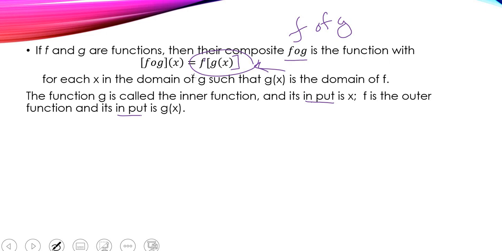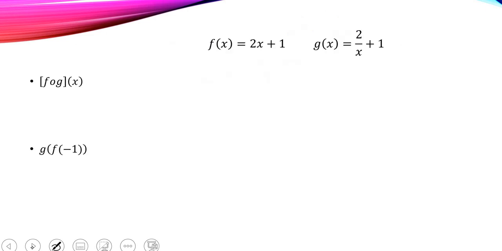Okay, so let's look at a couple examples here. Here are two functions, f of x and g of x. And we want to do f of g of x. The first thing I'm going to do is change my notation from the way the book writes it to the way that I think makes more sense. In other words, we are taking this f function, and in place of x, we are going to put 2 over x plus 1.